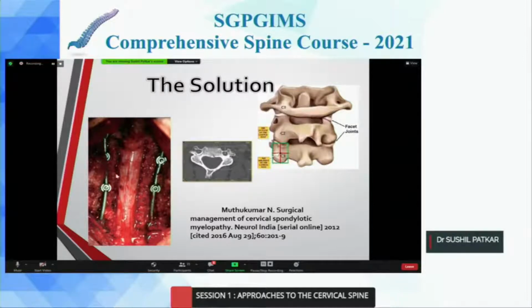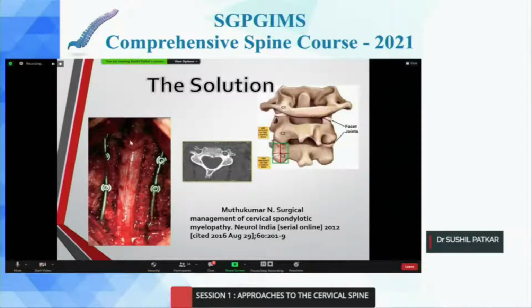The other advantage is that you have an opportunity to do root decompression, because many times these patients have not just myelopathy but myeloradiculopathy. And if you do not decompress the roots properly, there is a known complication, the C5 root palsy, which gets taken care of by this kind of operation.